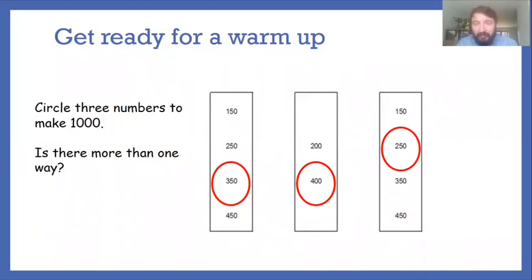Here we go, 250. So 350, add 400, that gives us 750. Add the 250 gives us 1,000. If you were looking for another way, here you go, 350, add 400, add the 250. Fantastic. Hopefully that's got your brains warmed up.